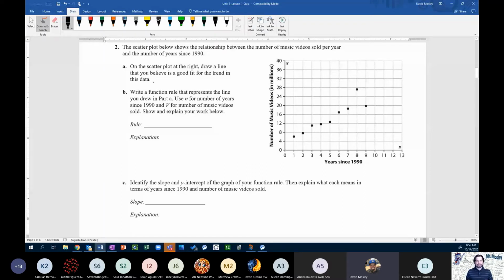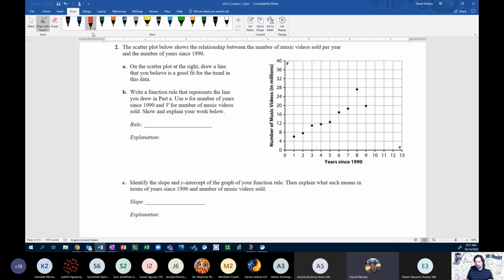So it says in the trend, is it generally increasing or is it generally decreasing or is it staying level? If we look at this data, should we have a line that's increasing or decreasing? Yes, Jesse, it's increasing, right? Overall, going from left to right.